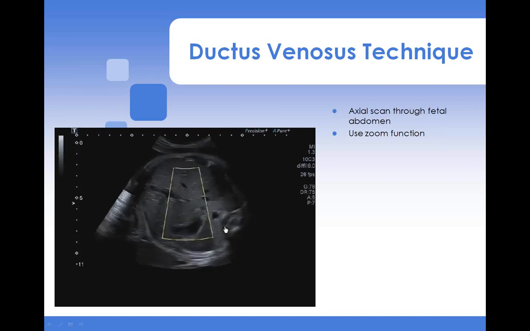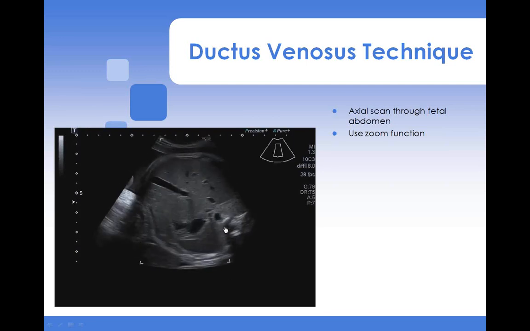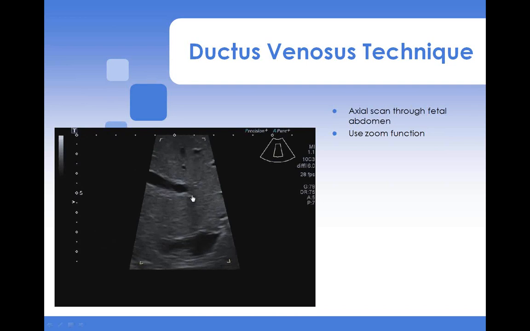And actually, for the presentation, the video is quite compressed, but if you are on the actual ultrasound system, the resolution is so good, you can actually, a lot of the time, see the ductus between the umbilical vein and the IVC.